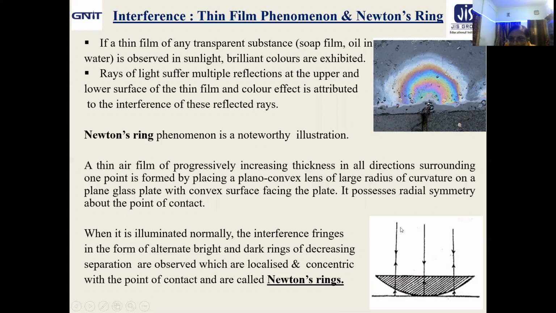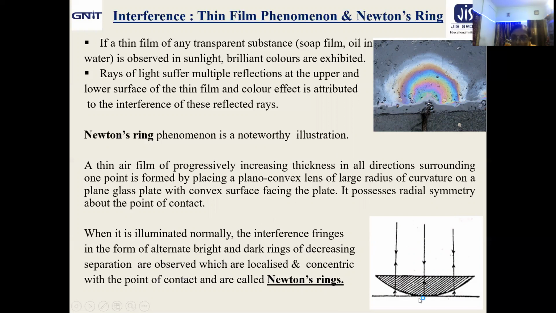Now when it is illuminated normally, preferably by monochromatic light, we get the interference fringe pattern in the form of alternate bright and dark rings of decreasing separation, which are localized in the air film and concentric with the point of contact.